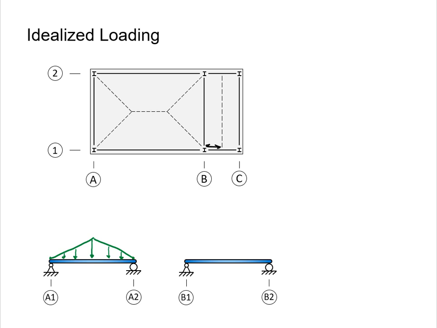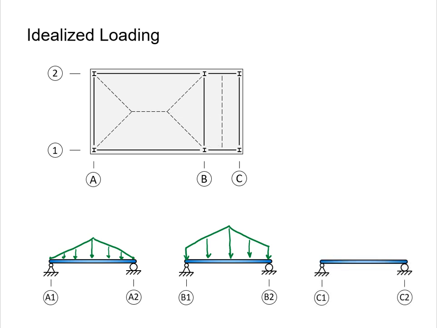The peak tributary width is this distance from the apex of the triangle to the dividing line of the rectangular region. The result is this distributed load on beam B1, B2. Again, the shape of the distributed load is the same as the total diaphragm region carried by that member.